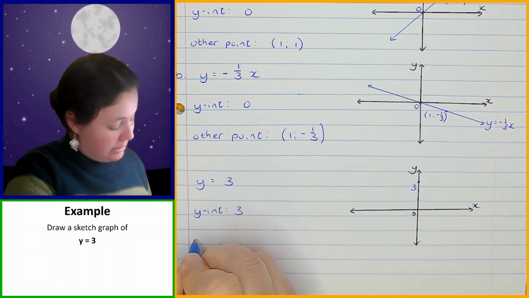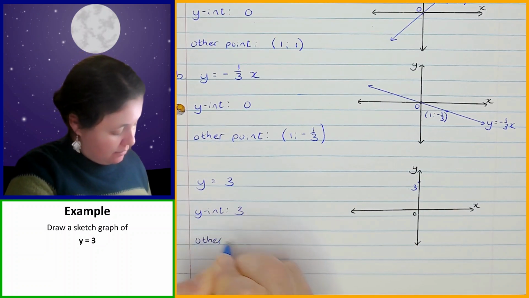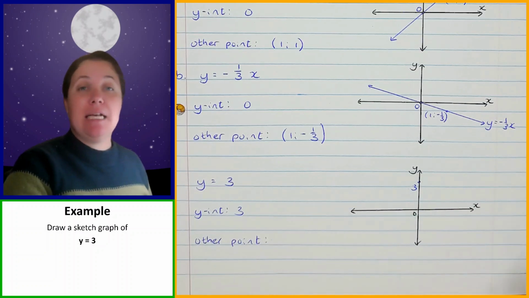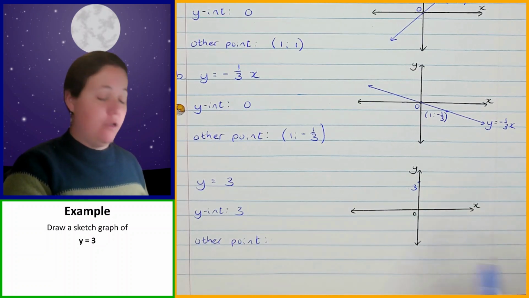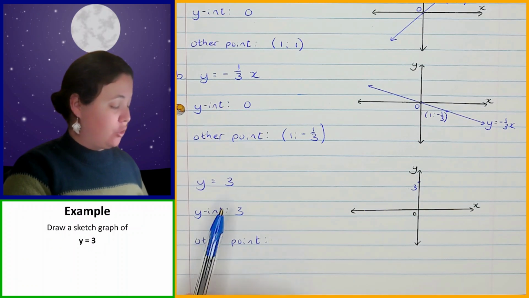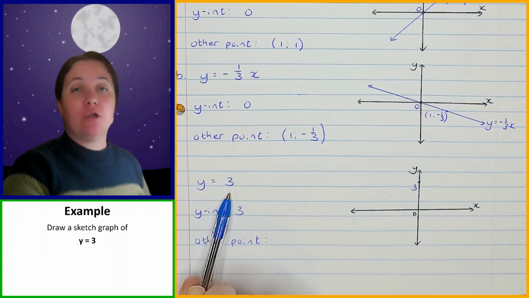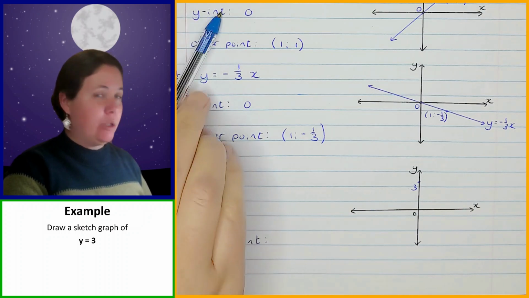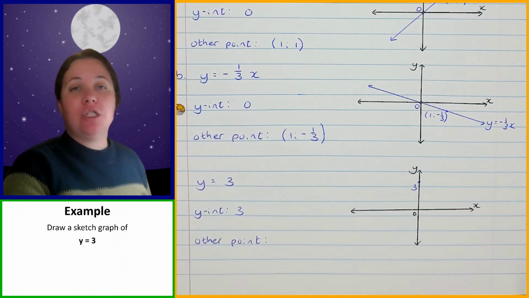So for my other point, you can take any x value with this y value. Okay, so over here, y is always equal to 3, no matter what x is. So you can choose any x value. Again, just like when we're doing these ones over here, I like to use the x value 1, but you don't have to. You can use any x value.